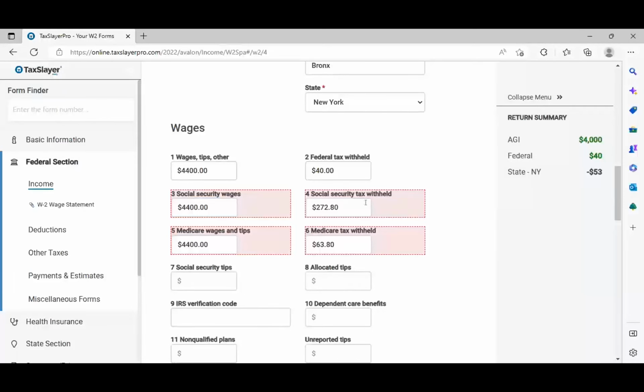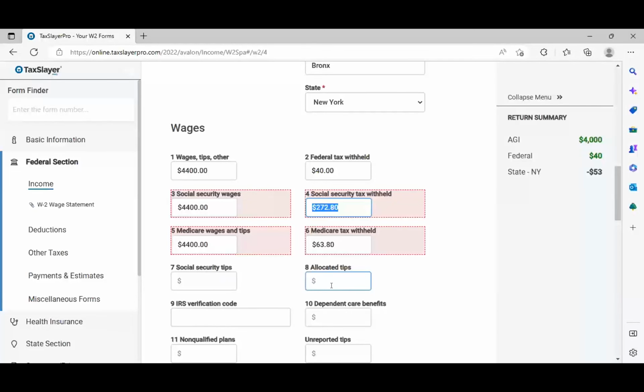I first entered $44,000. Hold on one second. And you guys can do this if you want as a check in terms of the Social Security tax withheld.